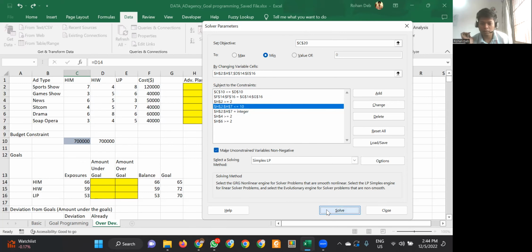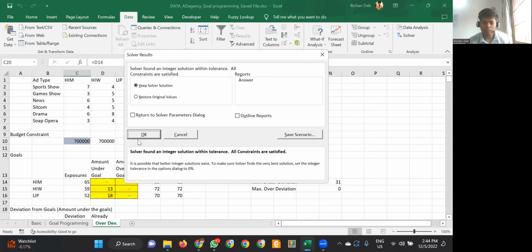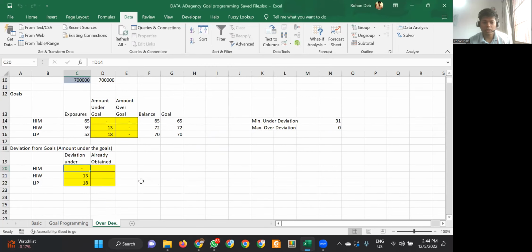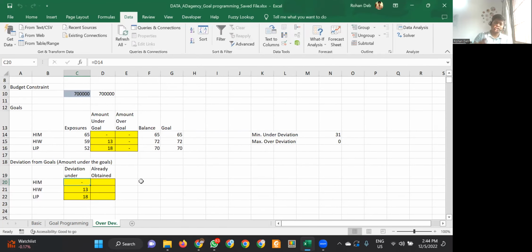So let's run Solver once and see what happened. Solver said that the under deviation for HIM should be minimized to 0. Now that we have gotten 0, we can write 0 over here. This is my minimum deviation for HIM.